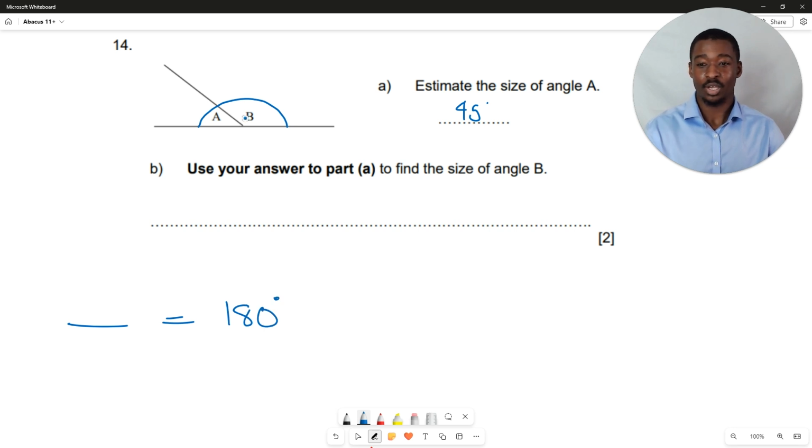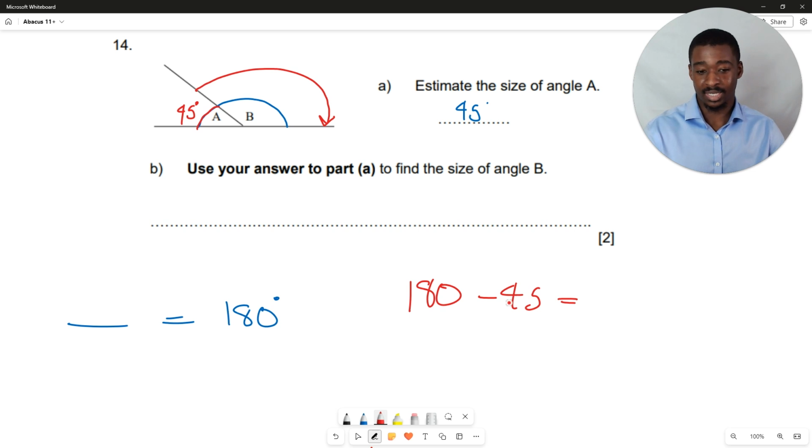So we know angles on a straight line always equal 180 degrees. So if we have 45 degrees here, let's put it in red, 45 degrees, then to go the rest of the way around, all we do is 180 minus 45. And we can simply take this as 180 minus 40, giving us 140, and then we minus the extra 5, giving us 135.